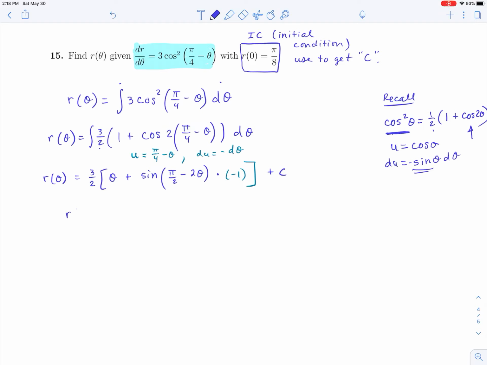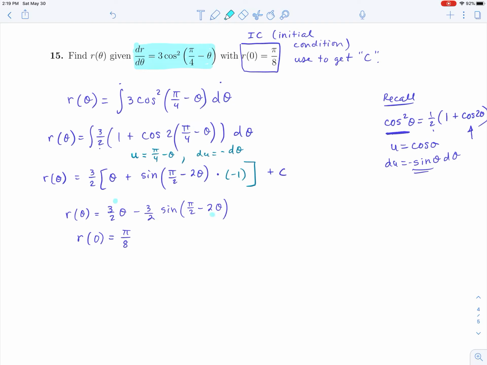So let's see, so r of theta equals 3/2 theta minus 3/2 sine of pi over 2 minus 2 theta. Okay, and if we do r of 0 equals pi over 8, then this term is 0.